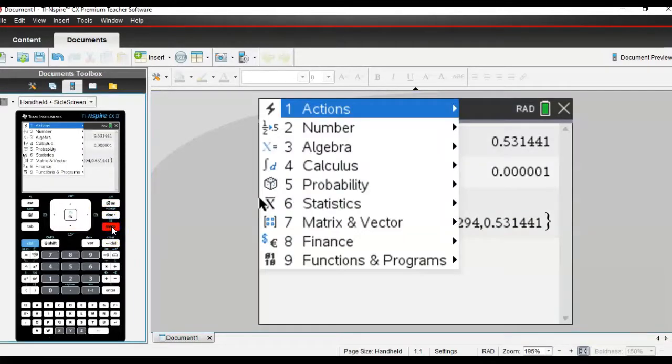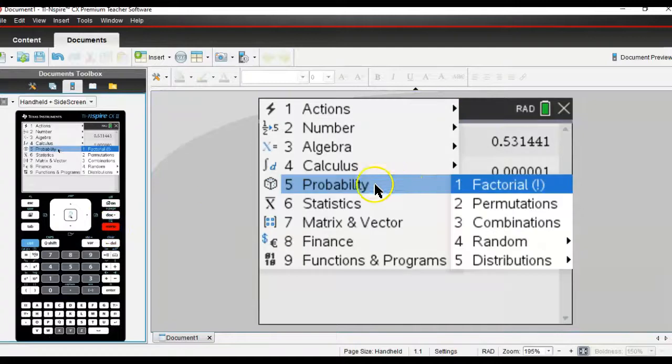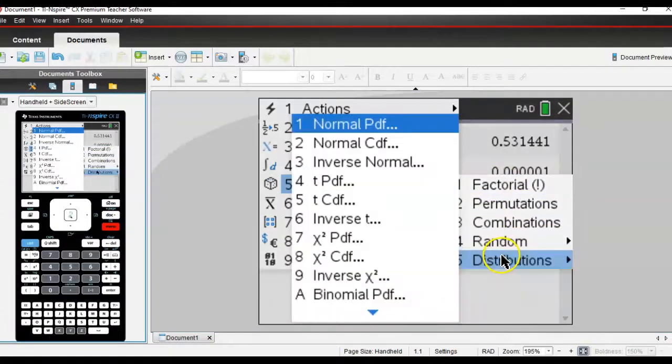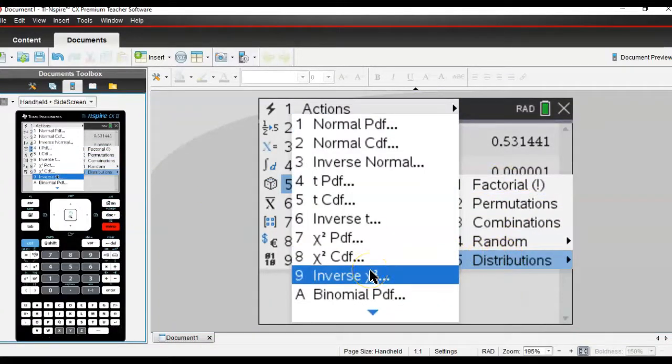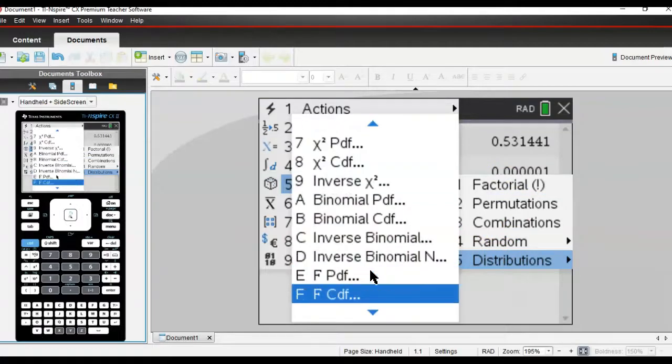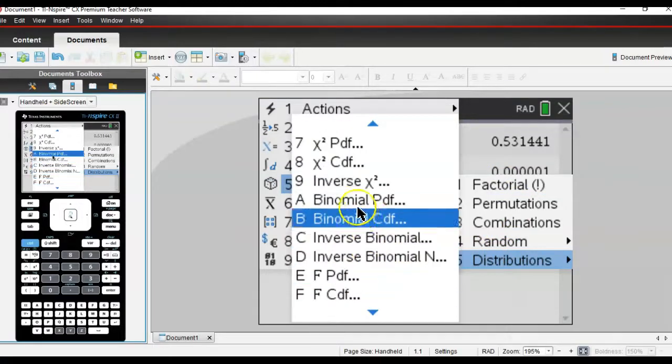There's something else there. We are still in probability, still in distributions. But if you scroll just a smidge farther down this list, underneath Binomial PDF, there is also a Binomial CDF that wasn't even on our screen until we scrolled, and it means something slightly different. Do you have a pencil?